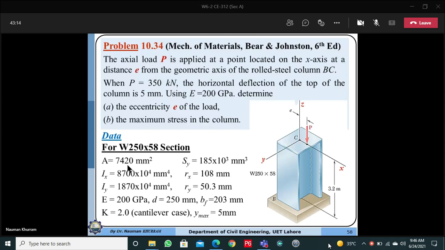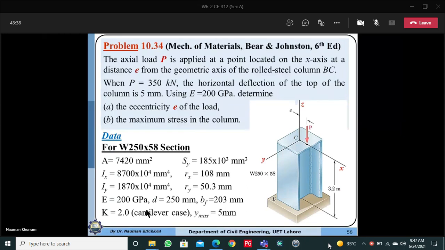Section modulus about the y-axis is 185 into 10 to the power 3. Moment of inertia about the x-axis and y-axis are provided. Radii of gyration about the x and y-axis are also given. Depth of section is given. The flange width bf is given as 203.